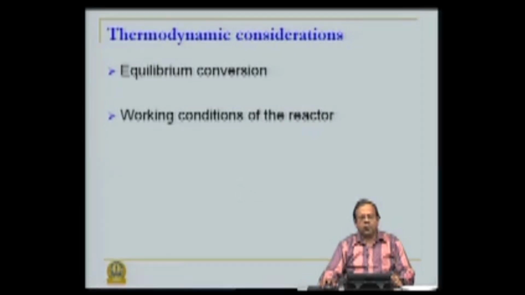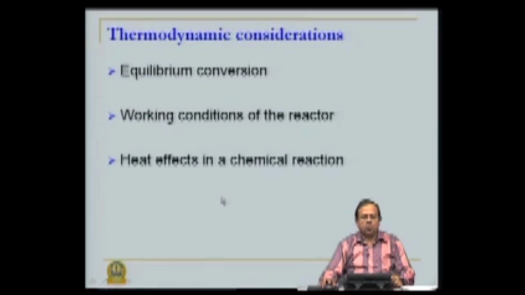We will look at how working conditions of the reactor depend on this equilibrium conversion and therefore on the thermodynamics of the reaction, and we also will look at heat effects in chemical reaction. So, these are the broad topics that we are interested in when we talk about thermodynamics of chemical reaction.